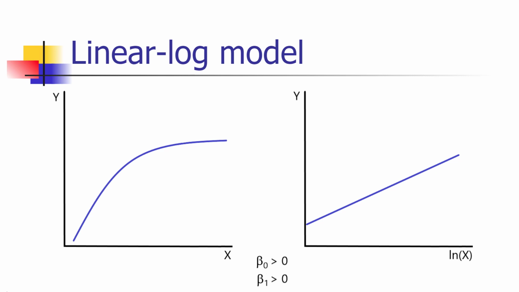So as the level of x gets larger, the change in y becomes smaller in absolute terms. But if we plot the relationship between y and the log of x, as is done on the right-hand side of the screen, we'd expect to see a linear relationship between y and the log of x in the case of this linear log relationship.